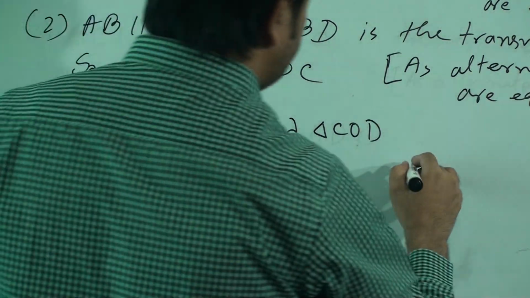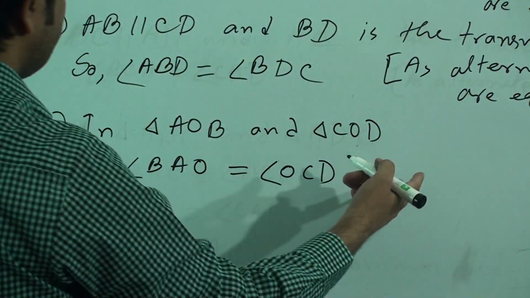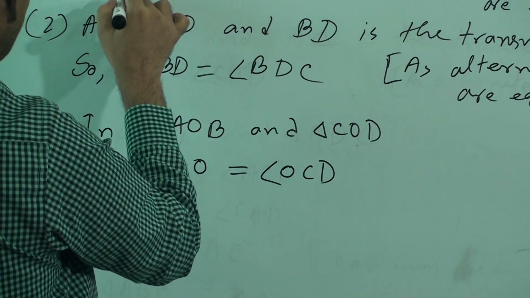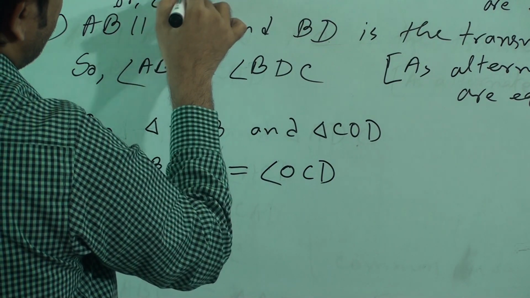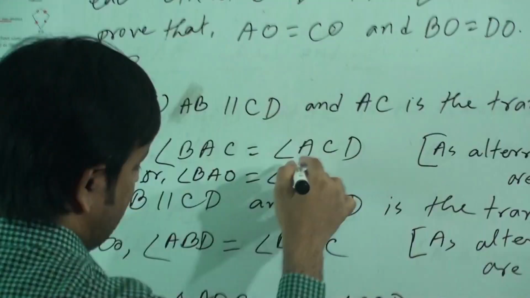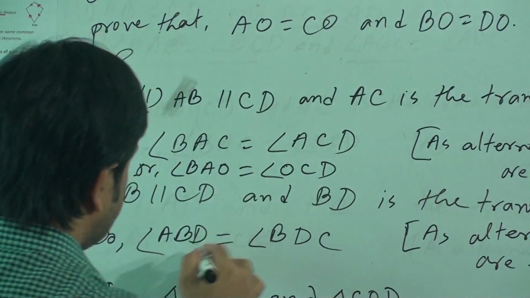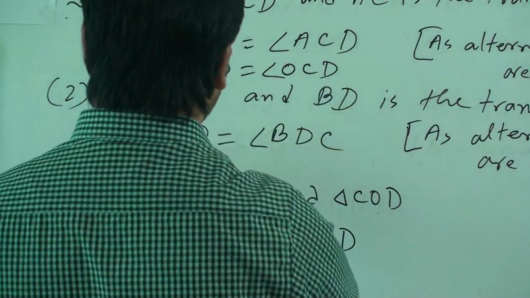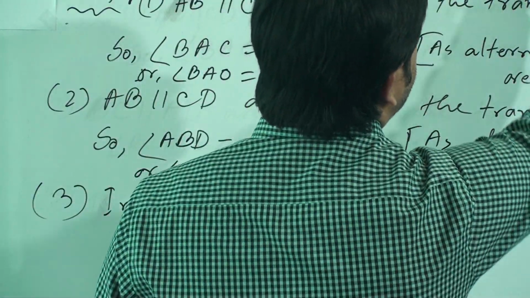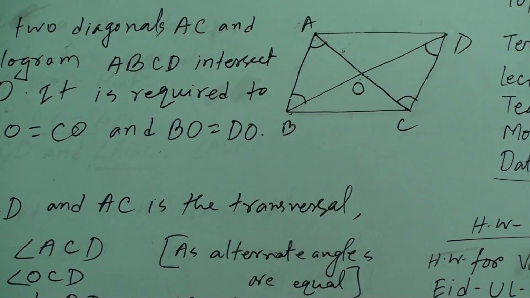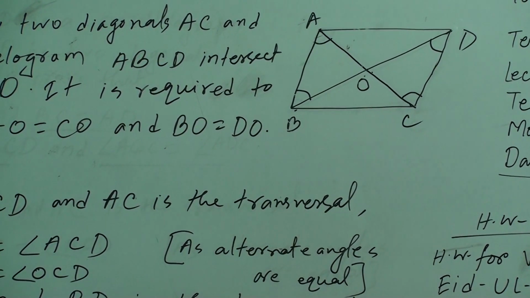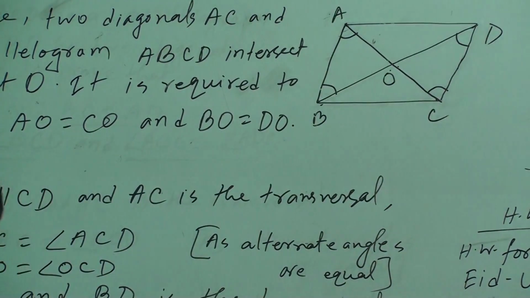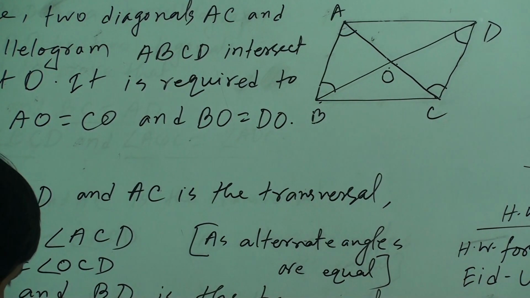This is from step 1. Now from step 2, if you want you can write angle BAO is equal to angle OCD, and also angle ABD, meaning ABO, is equal to angle BDC, meaning ODC.